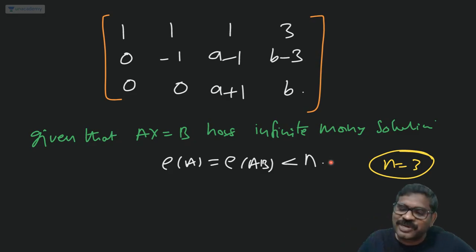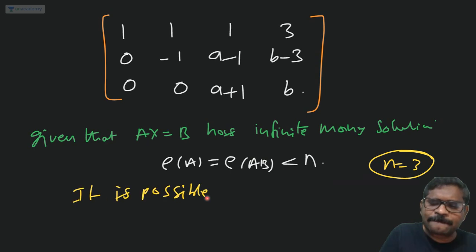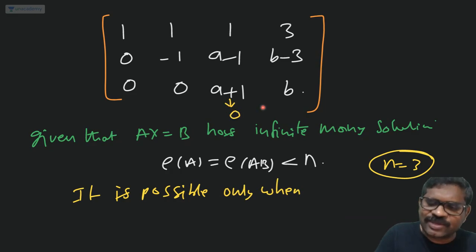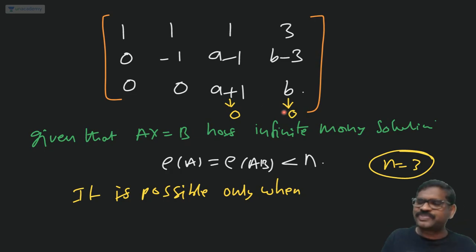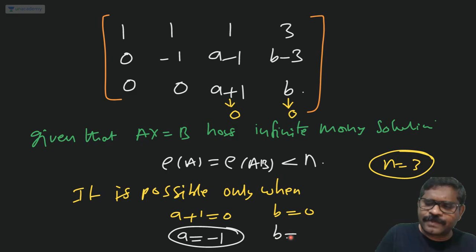When is it possible? It is possible only when this entry is 0, and this entry is also 0. A plus 1 is 0 and B is 0. A plus 1 equal to 0 means A equal to minus 1, and B equal to 0.